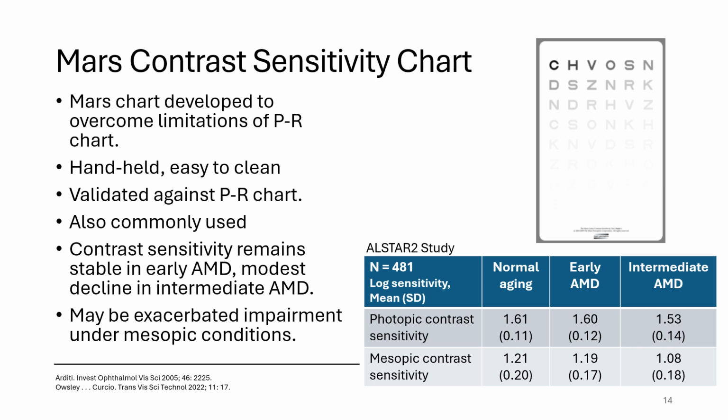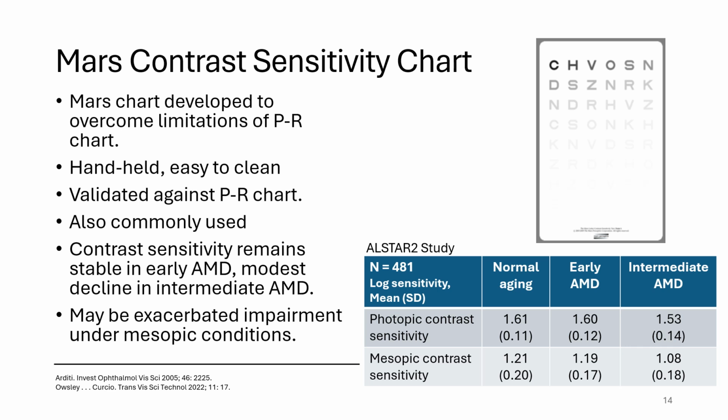It also does not yellow over time. As you can see, it looks very similar to the Pelli-Robson chart. It's important to point out that the MARS chart has been validated against the Pelli-Robson chart, meaning it provides highly similar data. It is commercially available and is also increasingly used in studies because of its practical features.